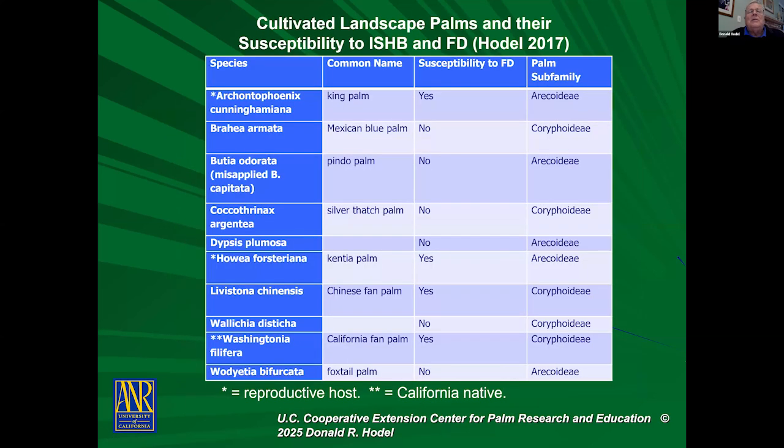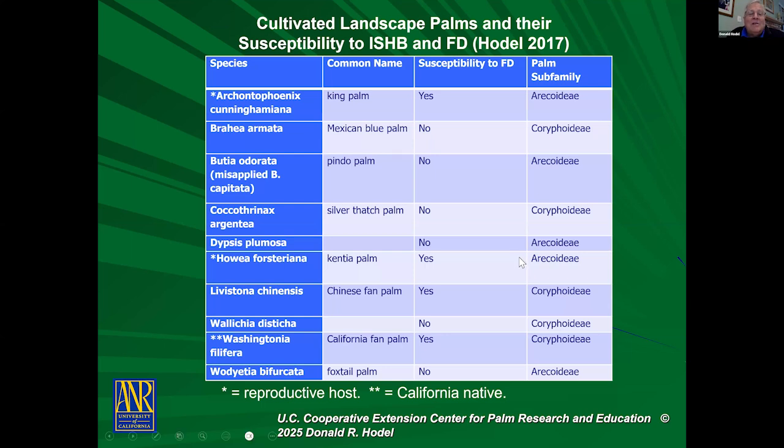So here are some common palms that have been attacked by the invasive shot-hole borer, and this is a summary of their susceptibility to the Fusarium dieback disease. Most of them will have the Fusarium dieback, but it doesn't seem to kill the palm.